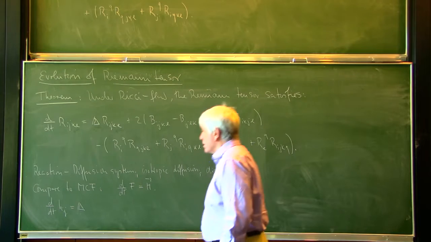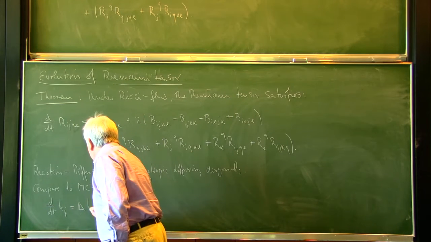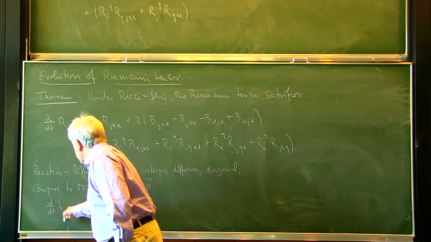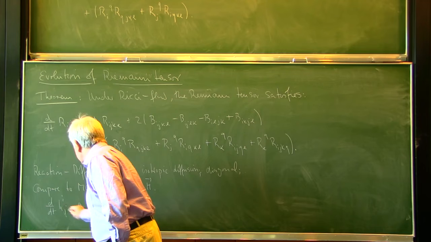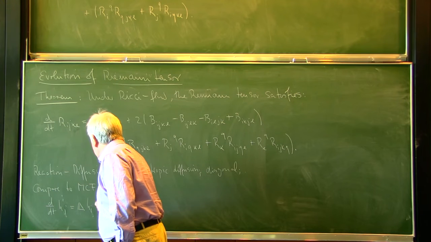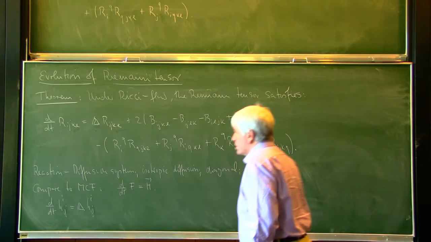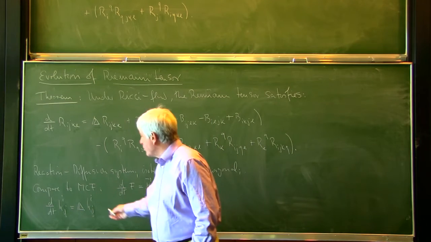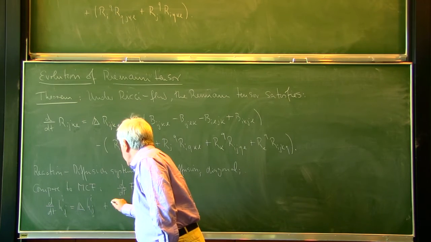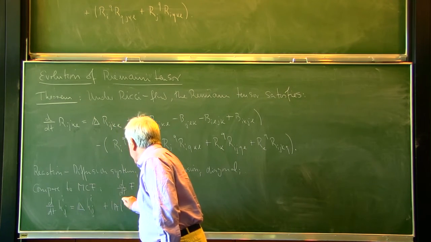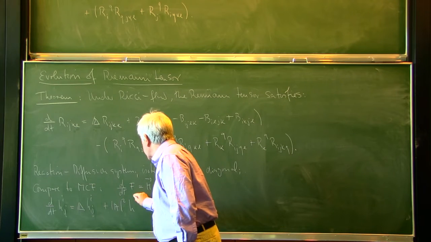So Laplacian of the second fundamental form, and let me erase one index here to make it even easier. So it's a d/dt of the second fundamental form, or the Weingarten map, and this is just the square of the second fundamental form. That's this.